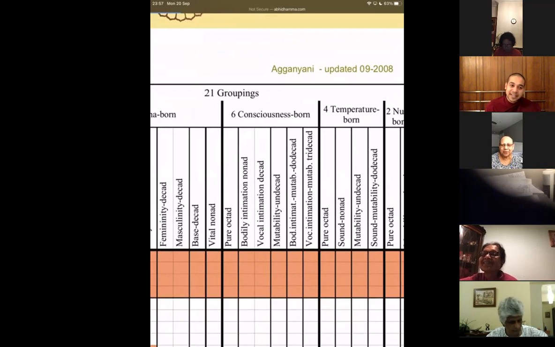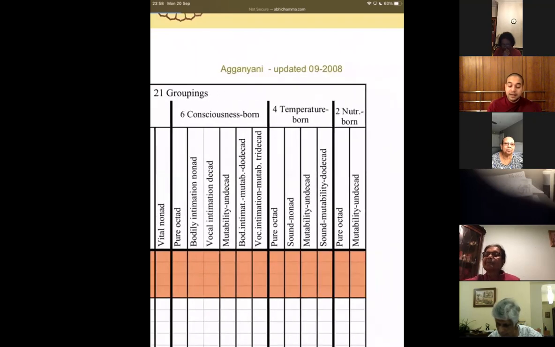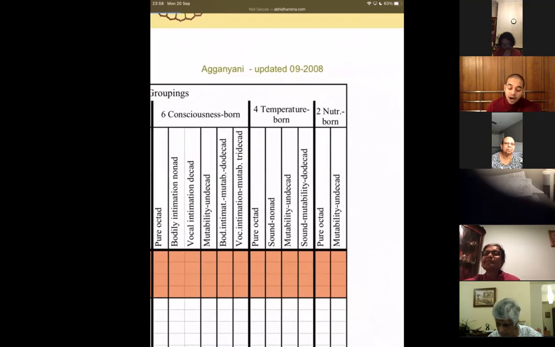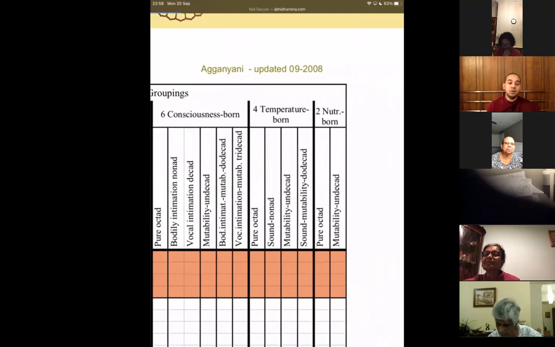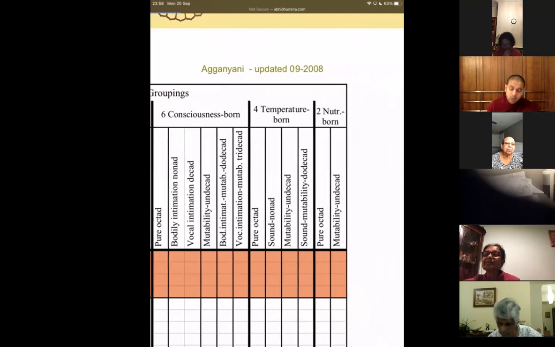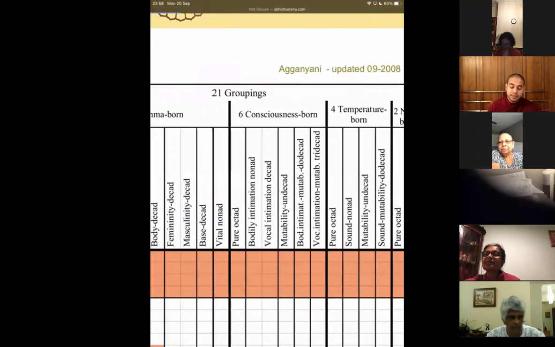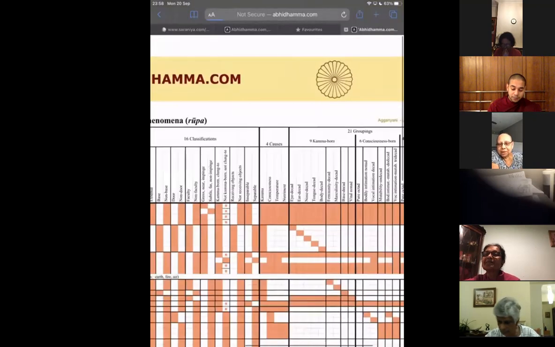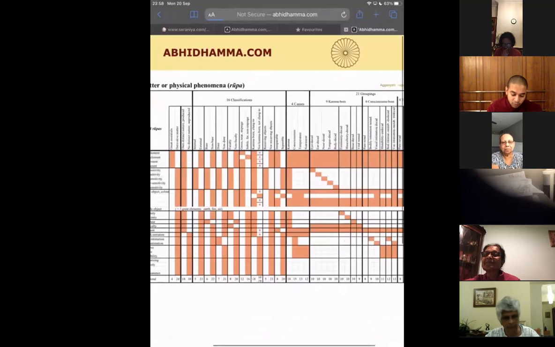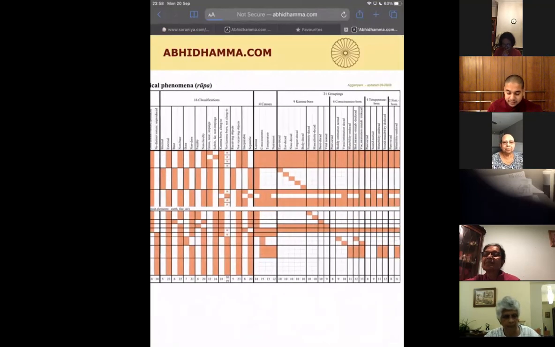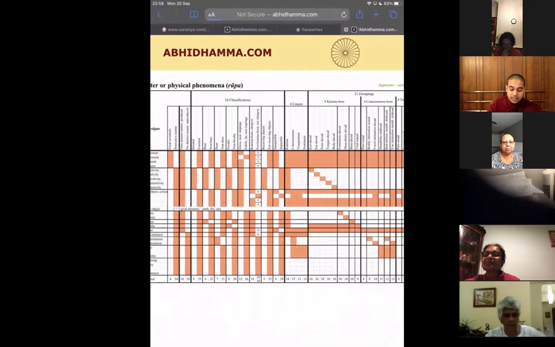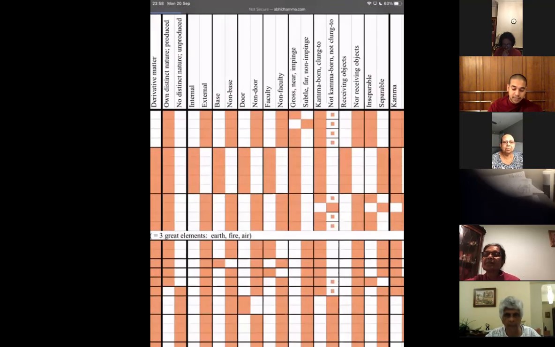Then we have the temperature born, Utuja: pure octad, sound nonad, mutability undecad, sound mutability dodecad, all under Utuja, and two Aharaja, the pure octad and the mutability undecad. Let's start from this classification.